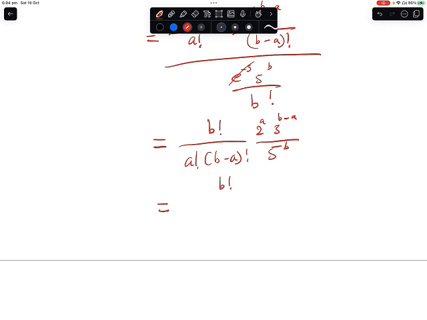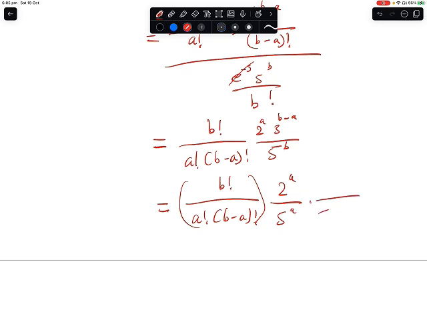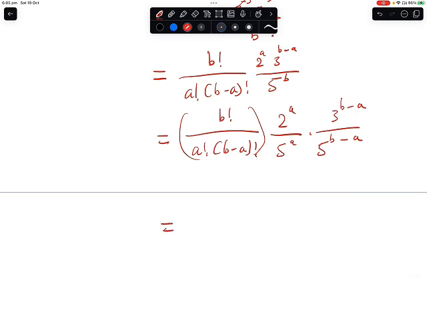We can write it over b factorial and continue. These things can be transformed into the binomial coefficient, b choose a.